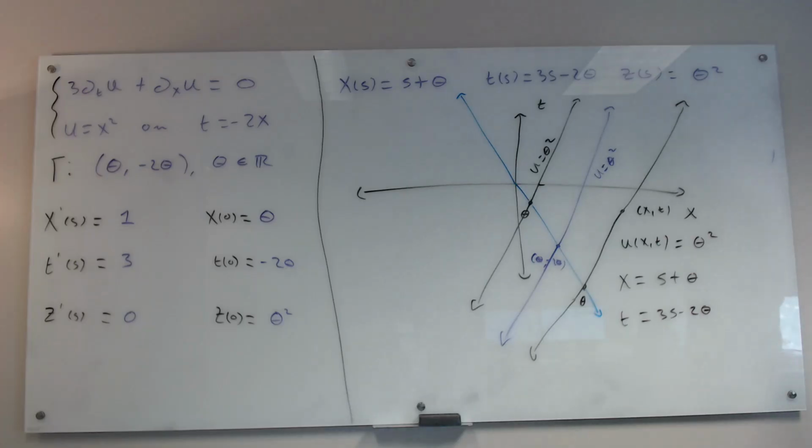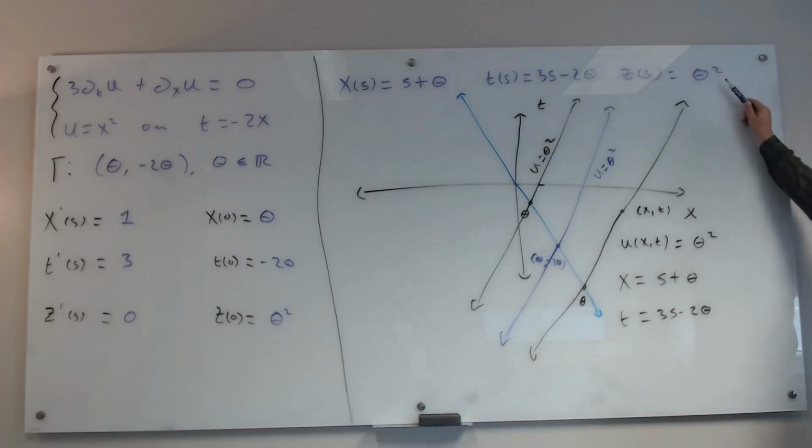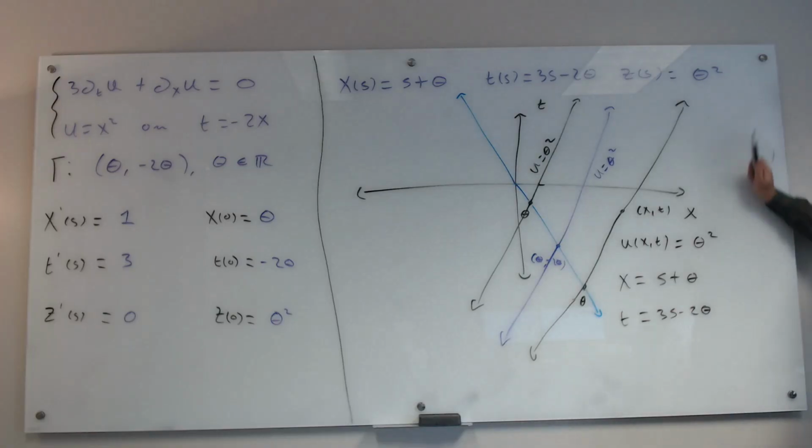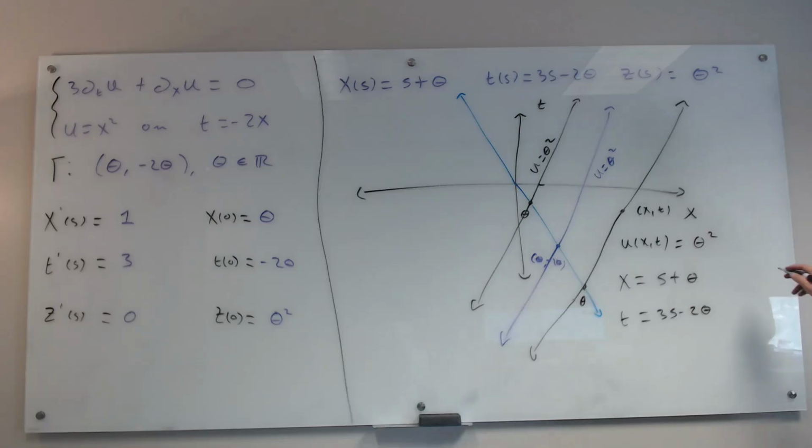I don't care about s in particular for this problem, though as I mentioned in the last video, sometimes z will depend explicitly on s. I only want to know what theta is. So whatever method you want to use to figure out theta is fine. For example, this equation says theta is equal to x minus s.